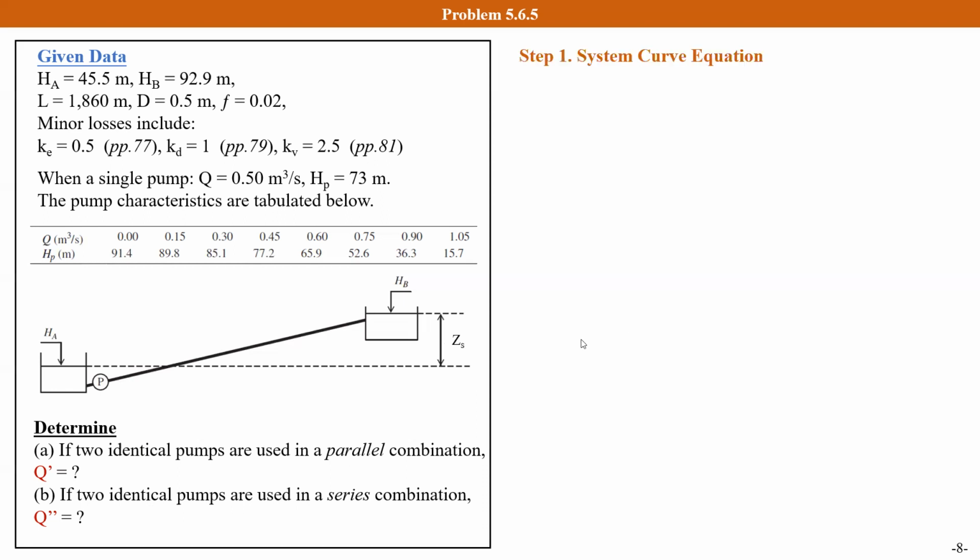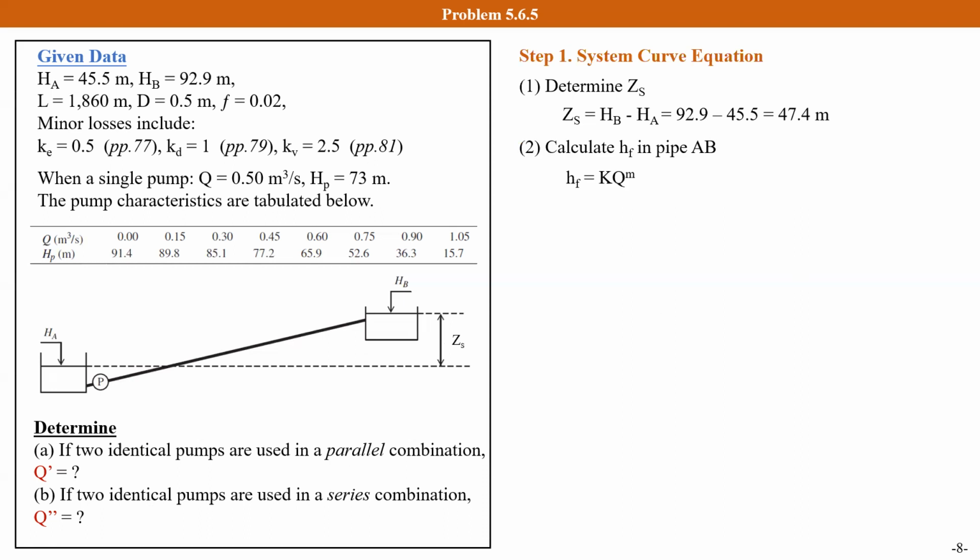So to solve this problem, first, we need to calculate the system curve equation. The water rise equals the difference of the water surface elevation between the two reservoirs. It equals 47.4 meters.